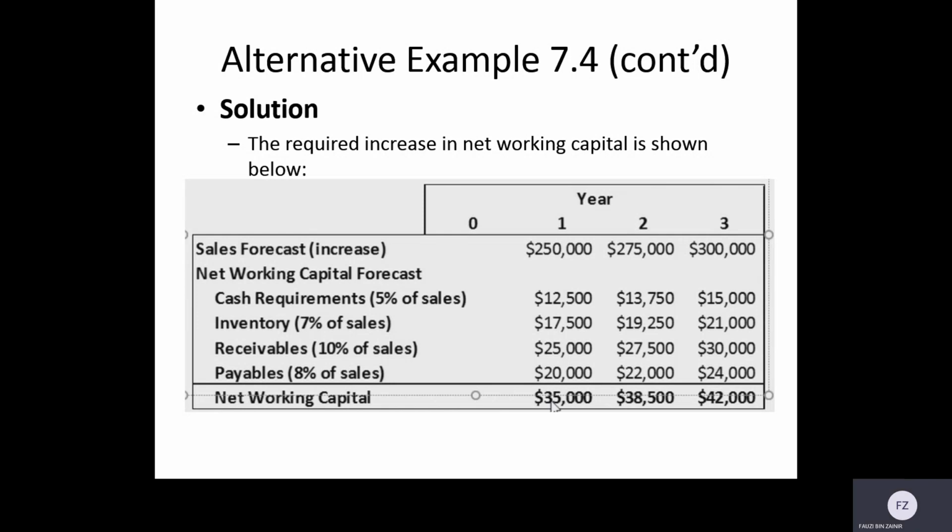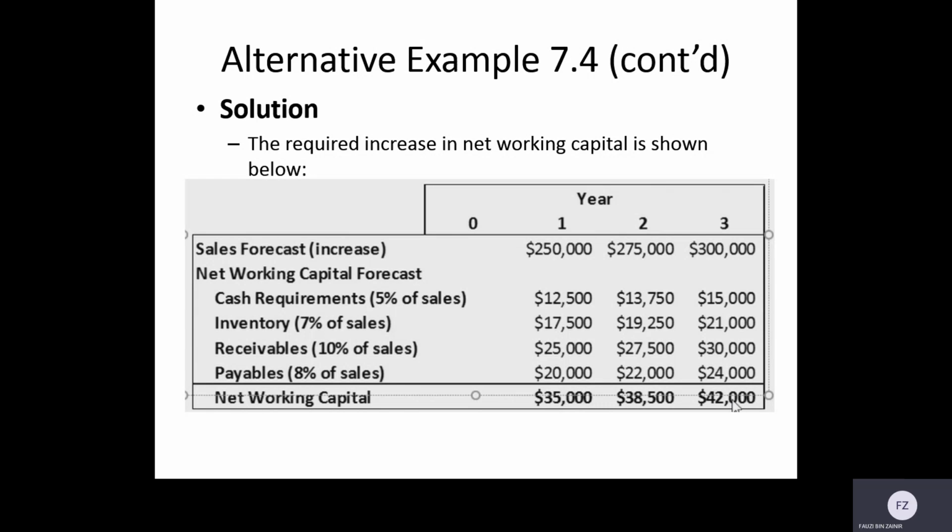If you want to find out the changes in net working capital, you find the differences between the years. You have 35,000 minus year 0, and since year 0 is nothing, you have 35,000 in year 1. For year 2, the difference is 3,500.